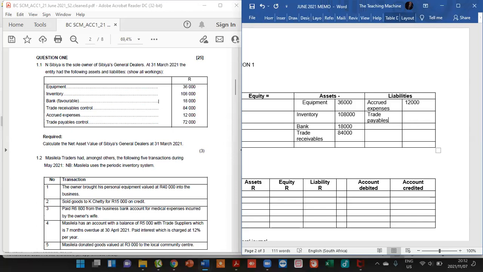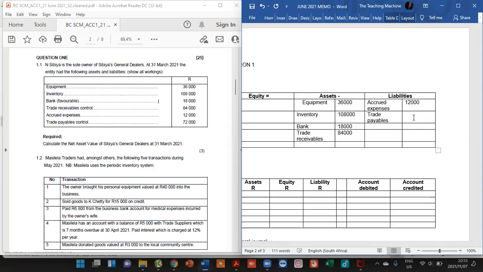So it's the money that the business owes other businesses. For example, if the business buys goods on credit, the business will owe its supplier. Now, if you owe someone, you are liable to pay. So trade payables is classified as liabilities because it fits into the criteria of liabilities. Same as the accrued expense.